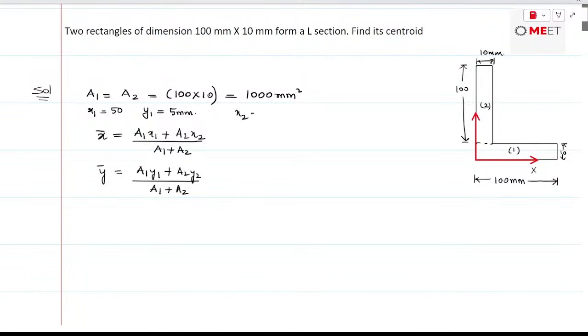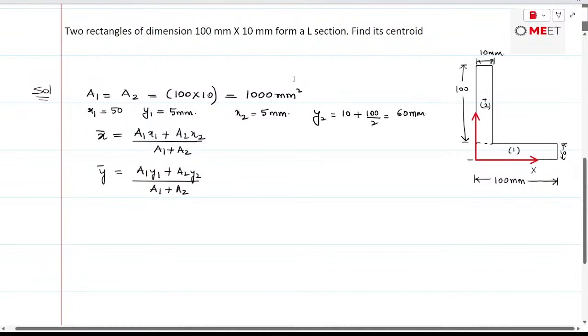Same way for area 2, the x coordinate x2 is 5 mm, and for y2 we need to measure the distance from the x-axis. Area number 2 is 10 mm above the x-axis, so it is 10 plus 100 by 2, that is 60 mm, the centroidal coordinate of area 2.